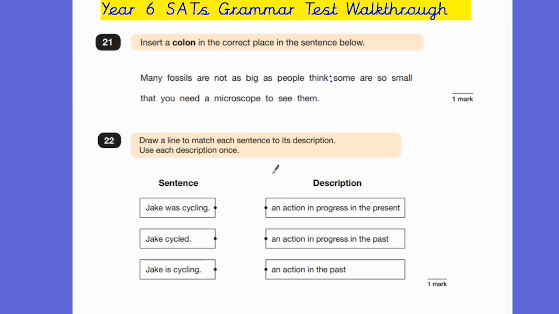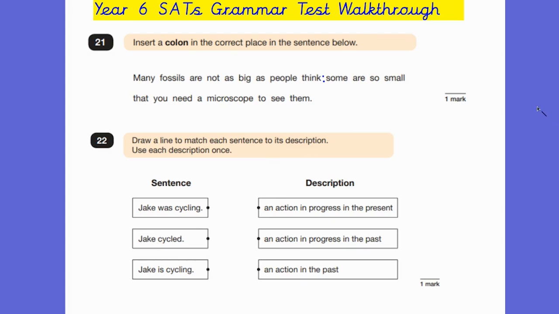Number 22, draw a line to match each sentence to its description. Use each description once. So we have sentences here and descriptions, and these are testing the children on the simple past tense, the past progressive tense, an action in progress, and the present progressive tense. So Jake was cycling.